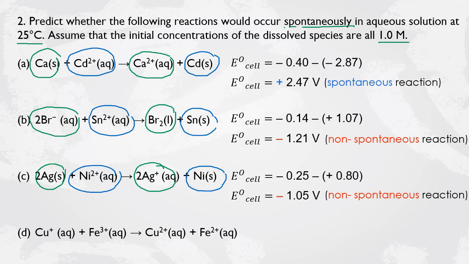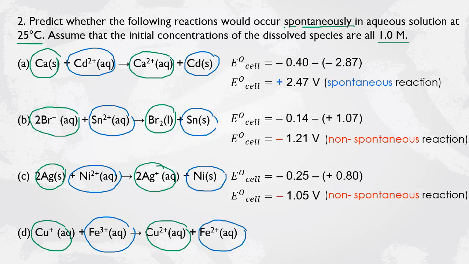So for D, we have Cu+ react with Fe3+ aqueous to form Cu2+ and Fe2+. So from these reactions, we know that the Cu+ will undergo oxidation to become Cu2+ and Fe3+ will undergo reduction to form Fe2+.